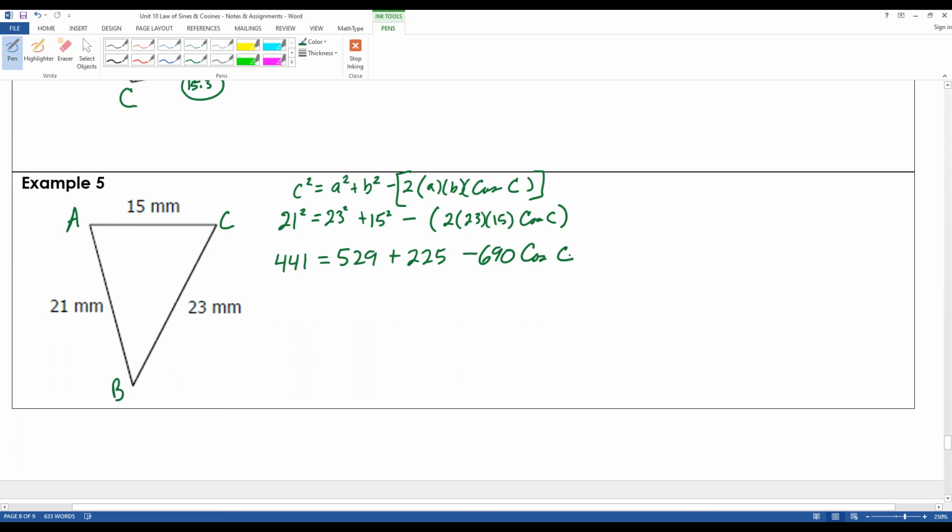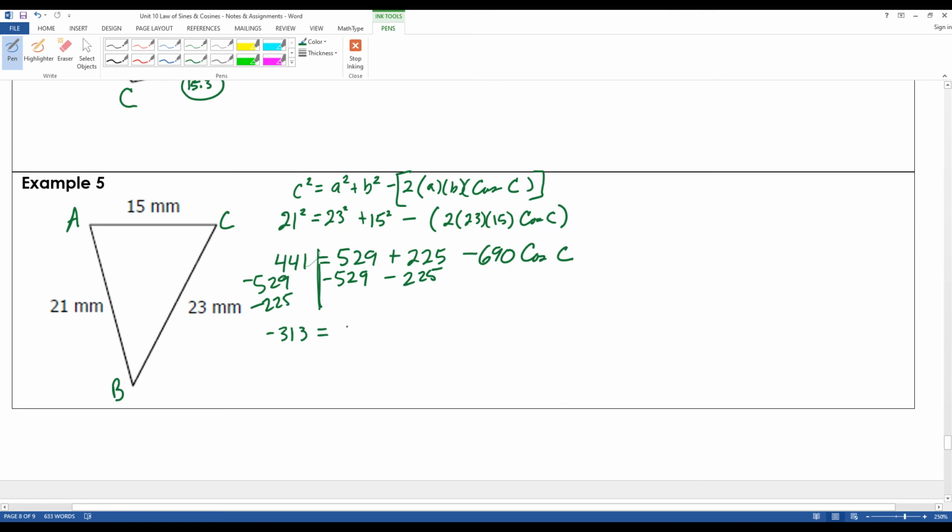All right, so we want that 690 cosine of C by itself. So we're going to subtract the 529 and subtract the 225. What do we have here? On the left side, we have 441 minus 529 minus 225, and that is negative 313.